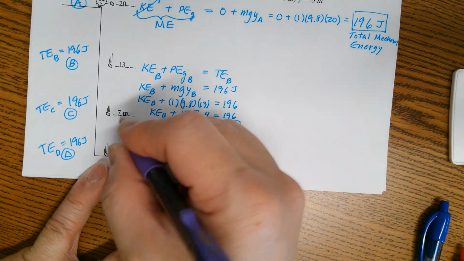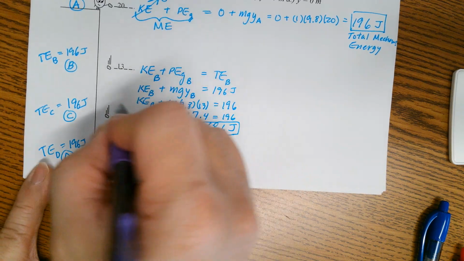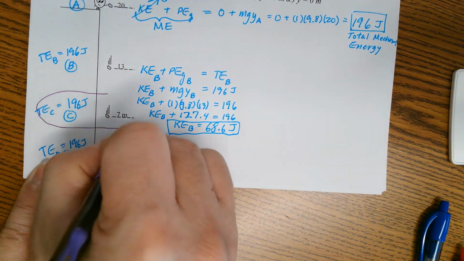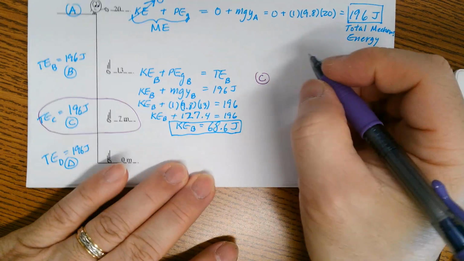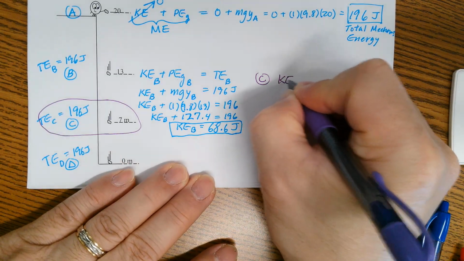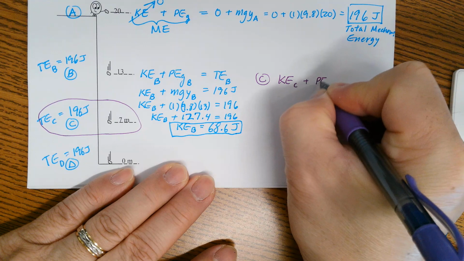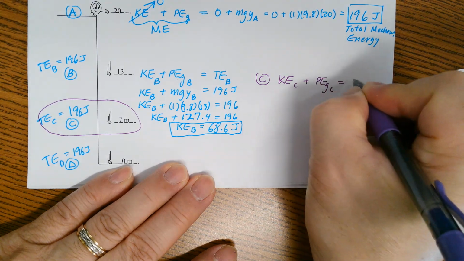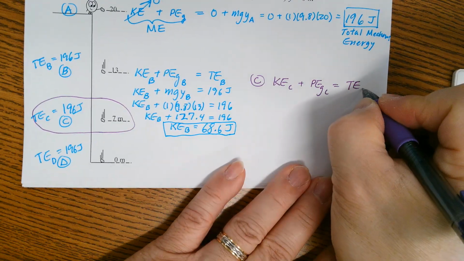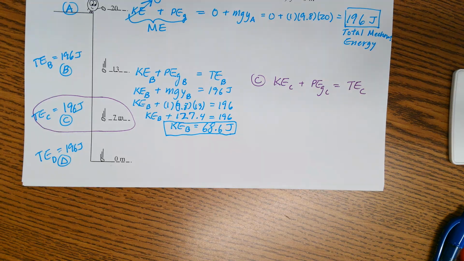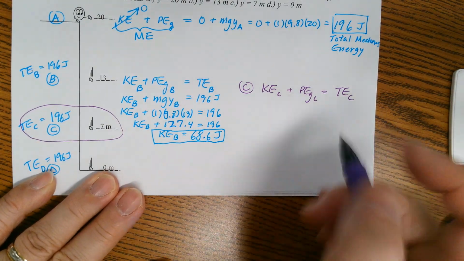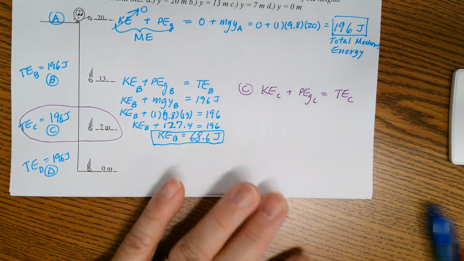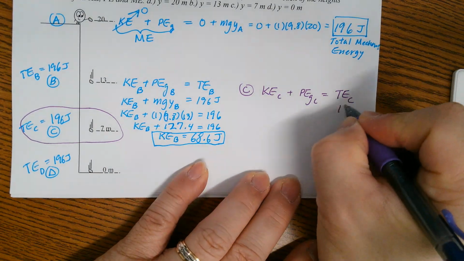What about at point C? At point C, again, kinetic energy at C plus gravitational potential energy at C must equal the total energy at point C. We already know exactly how much total energy we have at point C, and that is 196.